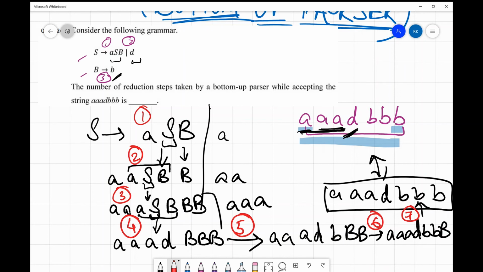It is very simple if you draw it like this, because counting the steps is very simple once you have a clear diagram in front of you. So the answer here is 7.